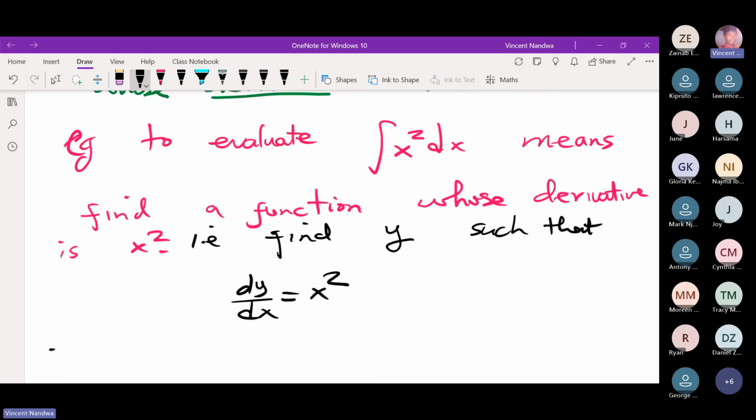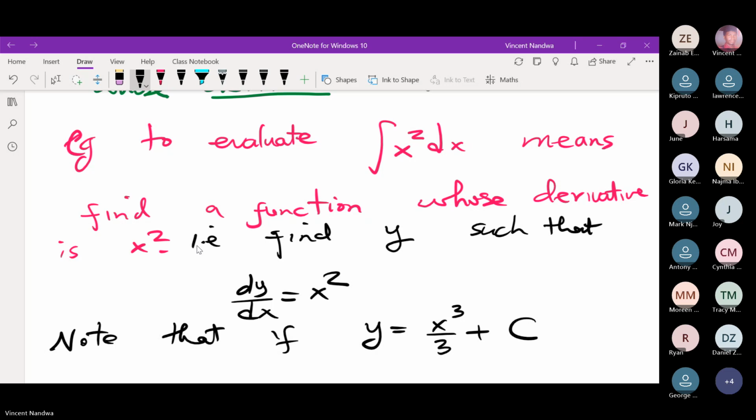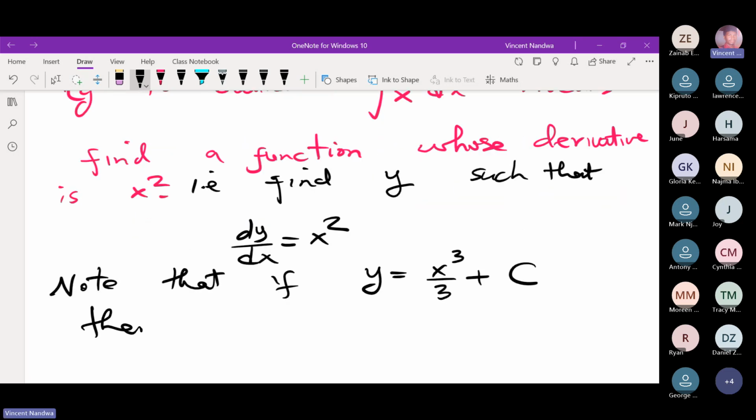Note that if y is given by x cubed over 3 plus any other constant, then dy dx will be given by 3 times a third, x raised to power 3 minus 1, which is simply x power 2.